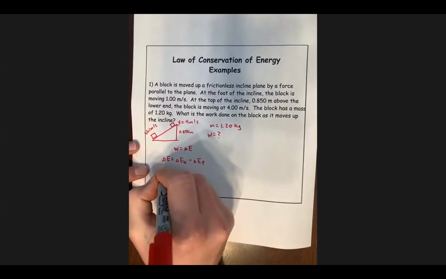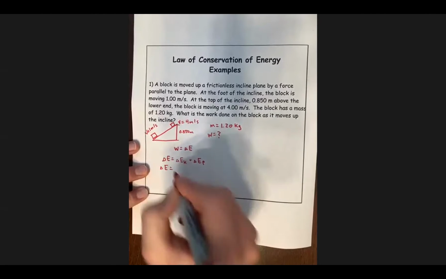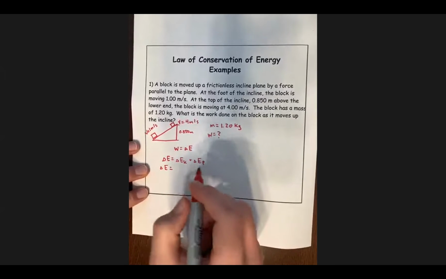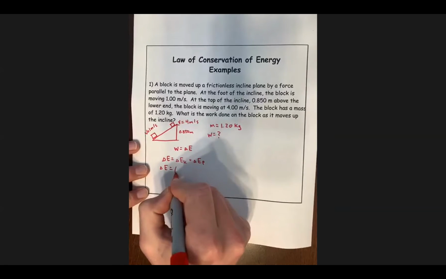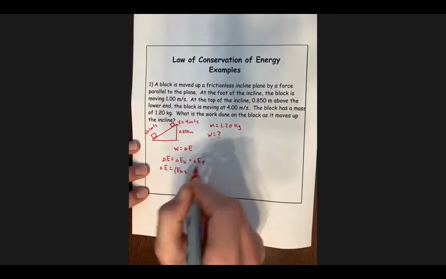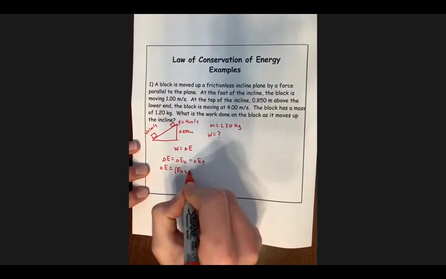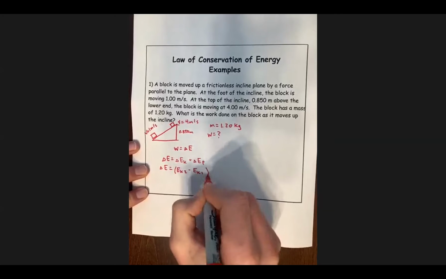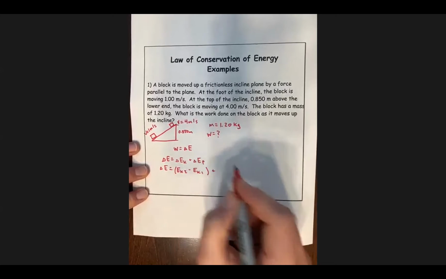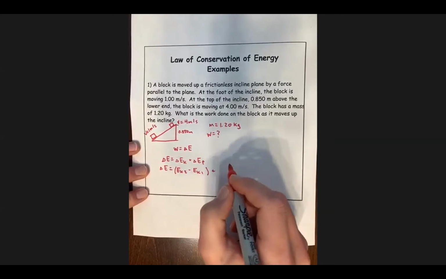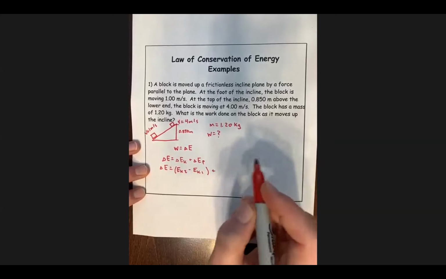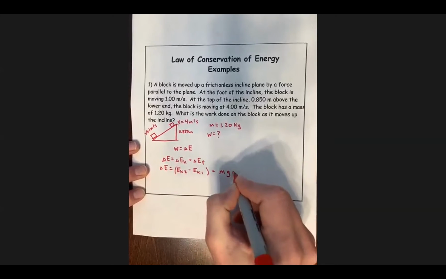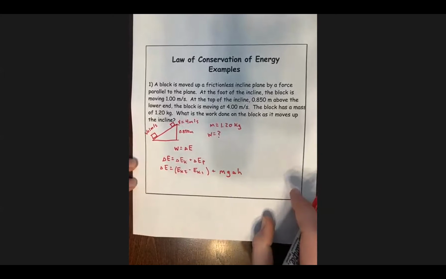So we can substitute in these formulas for what we've seen before. The change in kinetic energy is EK2, the kinetic energy of the second point, minus the kinetic energy of the initial point, plus the change in potential energy, which is mg times the change in height.